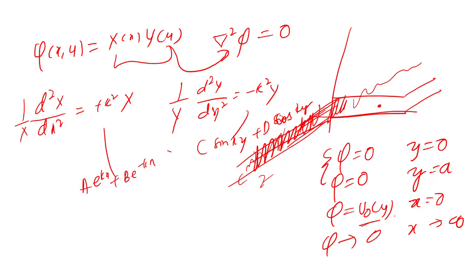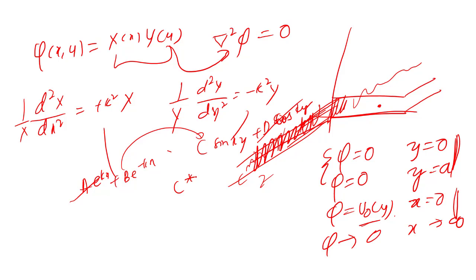Using these boundary conditions, we were able to eliminate some of these constants. We were able to eliminate a, and we were able to eliminate d. We absorbed this b into c and called it c star. Then we found a general solution for this c star, and a general solution for phi of x y by putting in these boundary conditions.